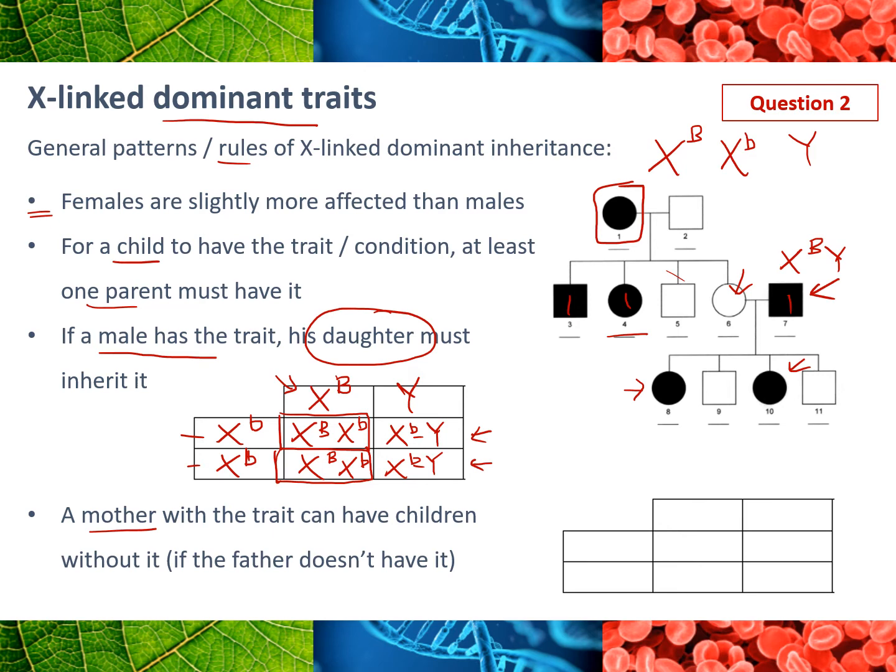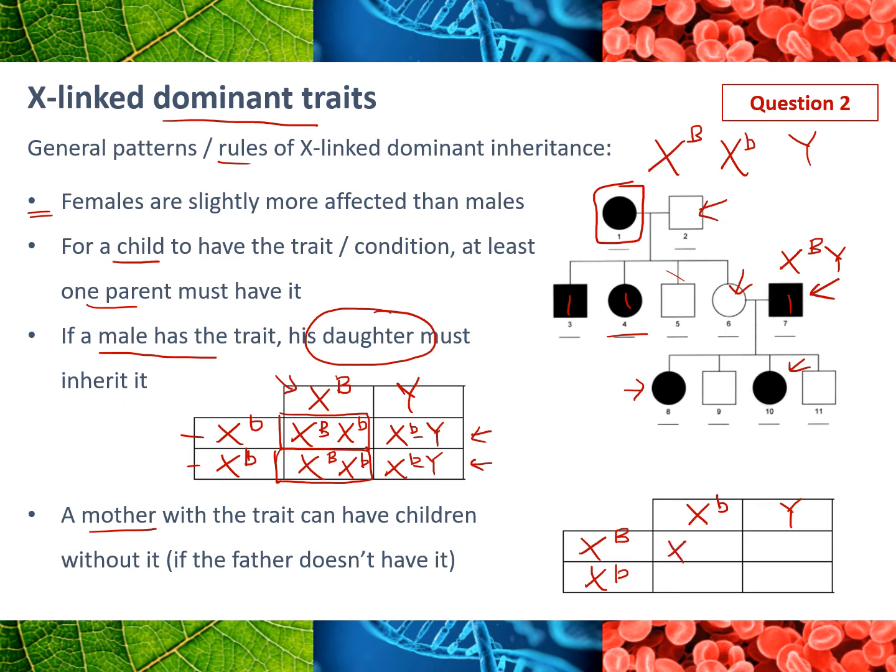For the dad, we know that the dad here doesn't have the trait. So he's got the recessive and the Y. Now, this can only happen if the mum is heterozygous. If she was homozygous dominant, all of the children would inherit it. All of her daughters would inherit it.